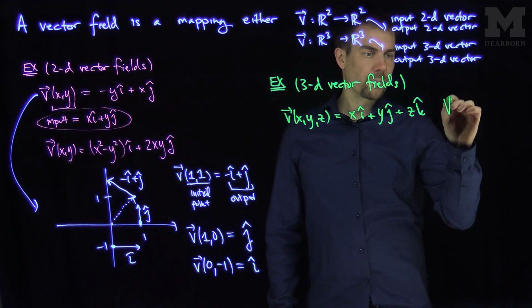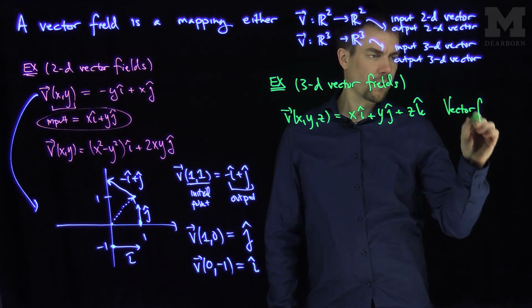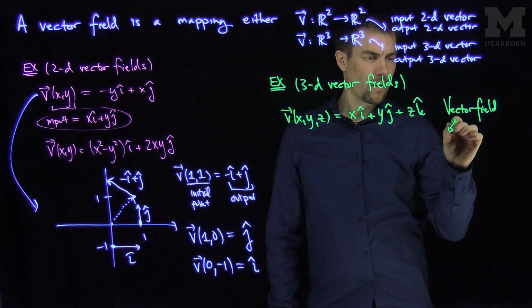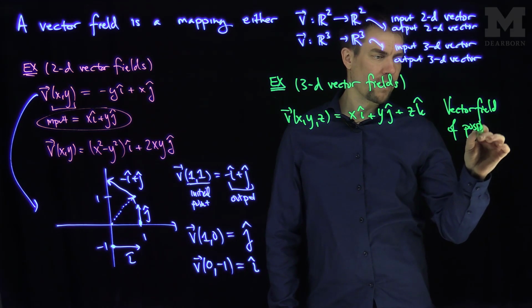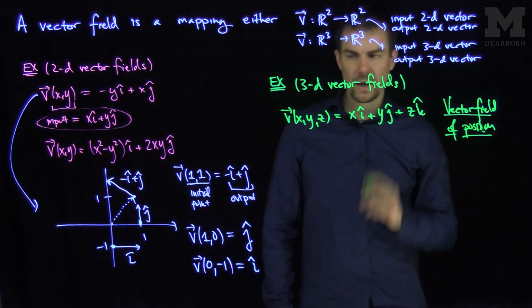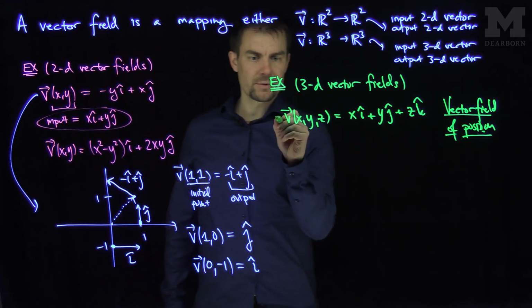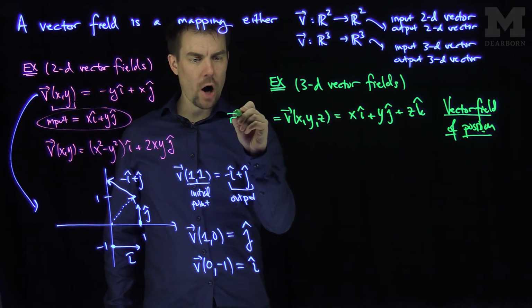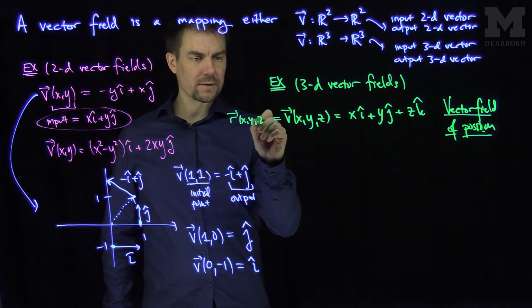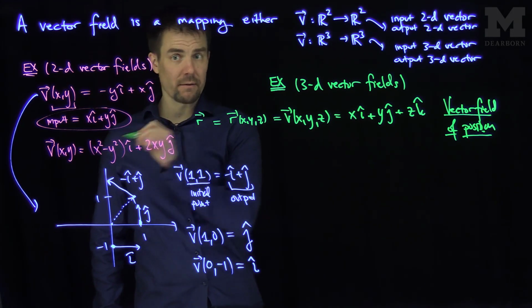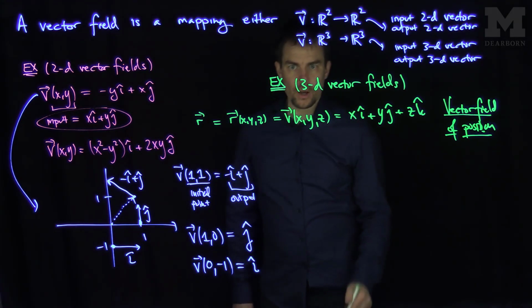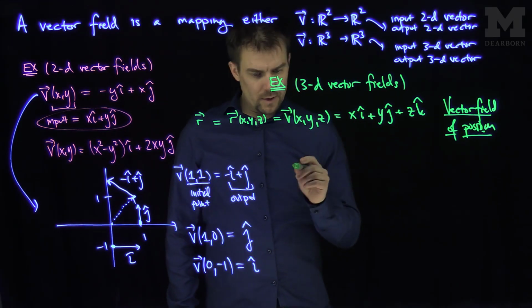This is called the vector field of position, and this plays an important role in vector calculus, as we'll see later. Oftentimes the vector field of position is written as r of x, y, z, or sometimes simply as vector r.